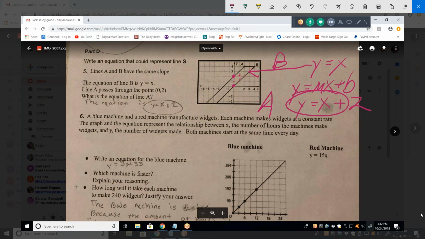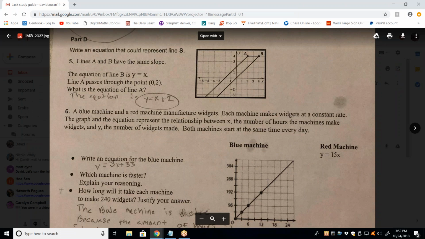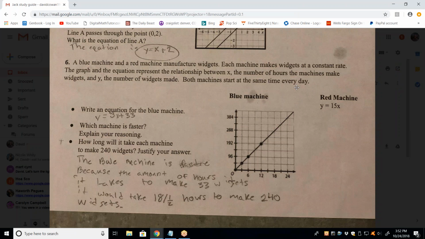So it's in the format y equals mx plus b, only its b is 2. So that's all you need to do for problem 5. Let me scroll down here so I can get problem 6 more in the picture.